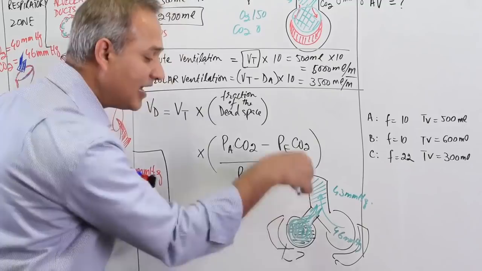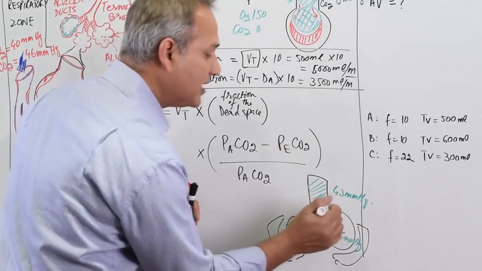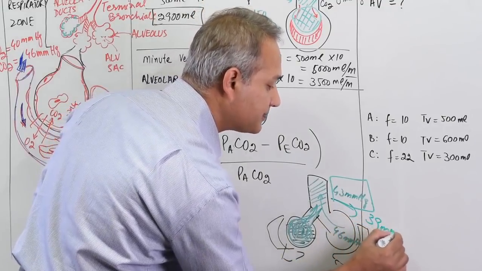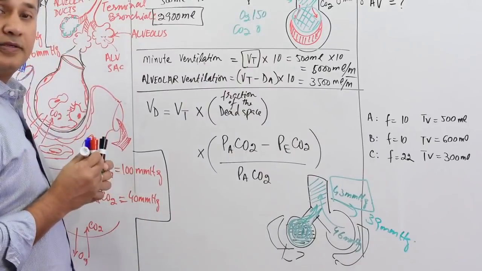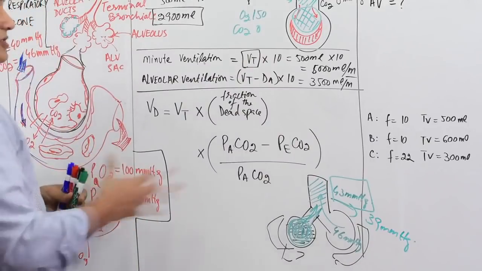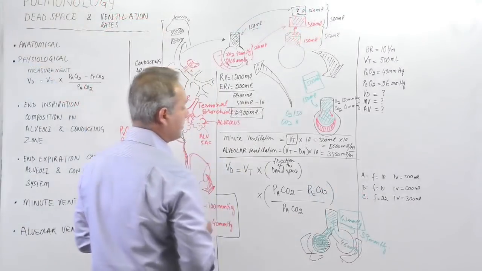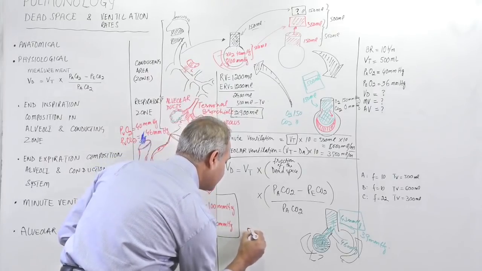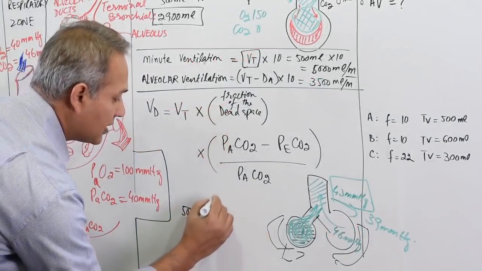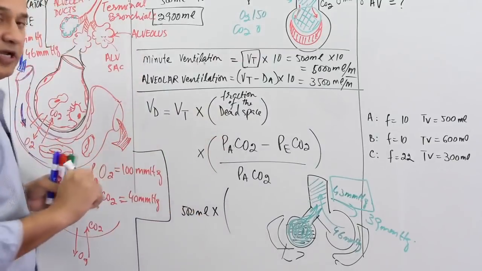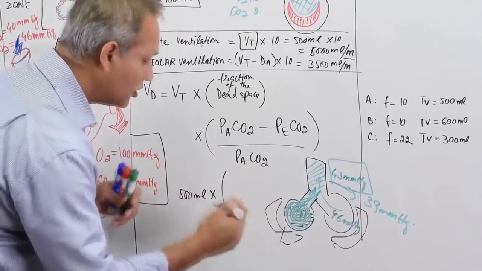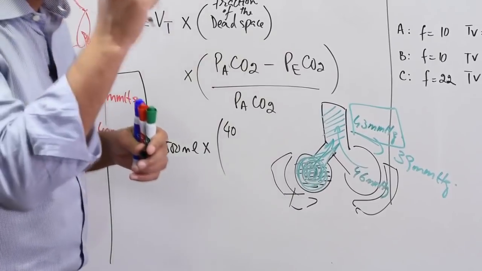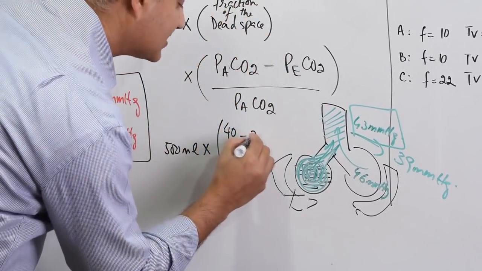The dead space has extended into this physiological unit. When that got mixed as well, then this would drop even further. It would go down to, let's say, 39. So what you do is you calculate here. Let's say that we have a patient and we are calculating his tidal volume is 500, and let's say his carbon dioxide pressure in the blood or alveolar is 40, but carbon dioxide pressure that you measure in the expelled air is 36.